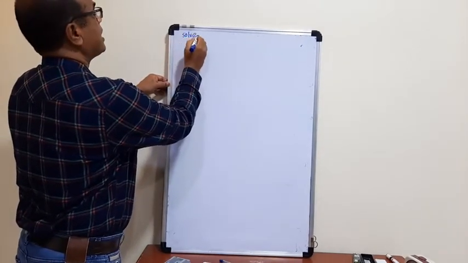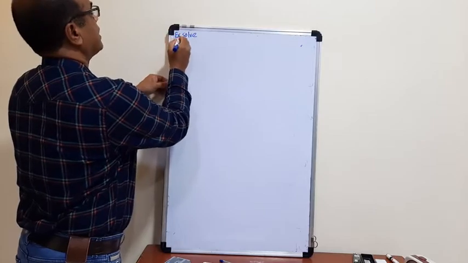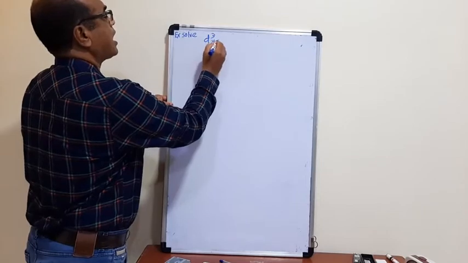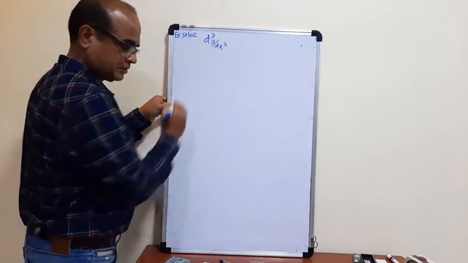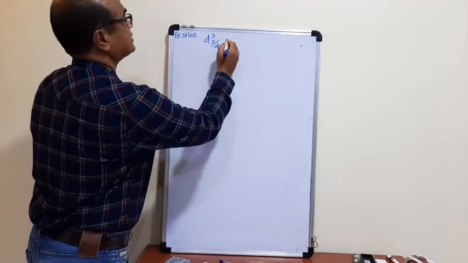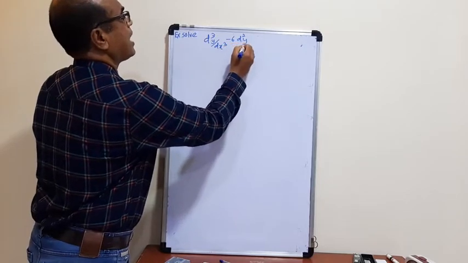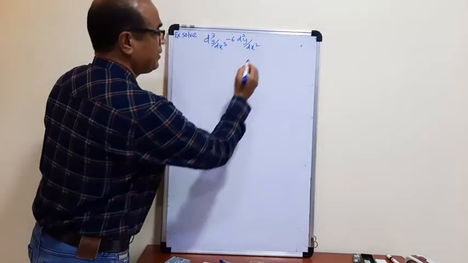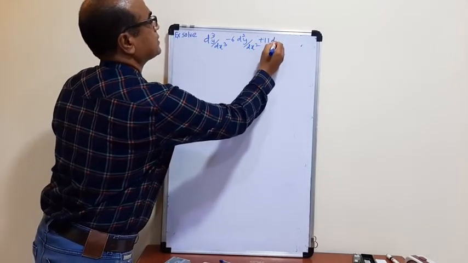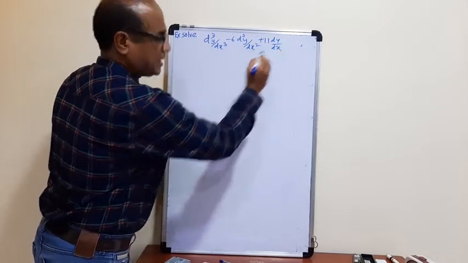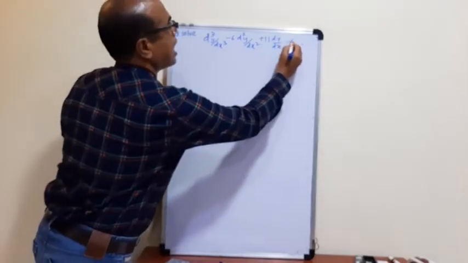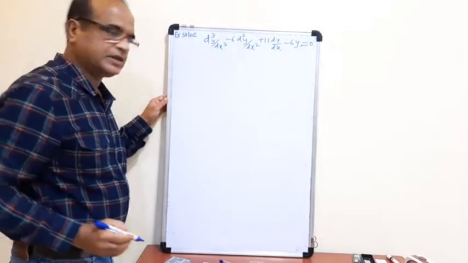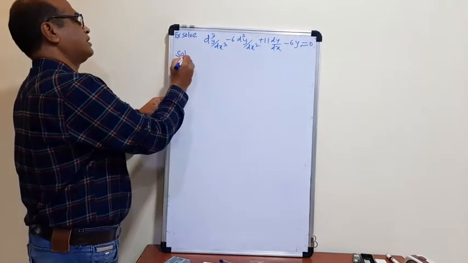Example: solve d cube y by dx cube minus 6 d2y by dx square plus 11 dy by dx minus 6y is equal to 0. Solve this differential equation.